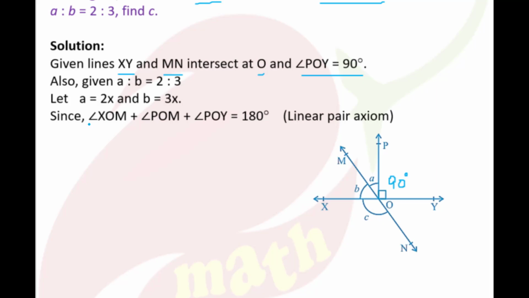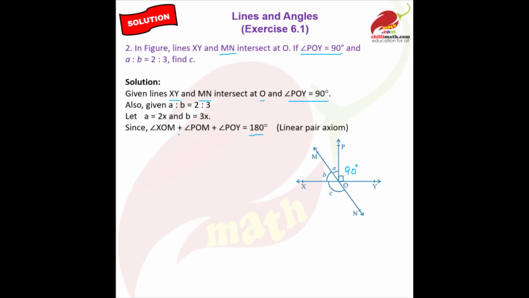Now as sum of angles on a line is equal to 180, putting these values in the equation, XOM is 3x, POM is 2x and POY is equal to 90 degree. 3x plus 2x is equal to 5x is equal to 180 minus 90. We get x equal to 18 degree.